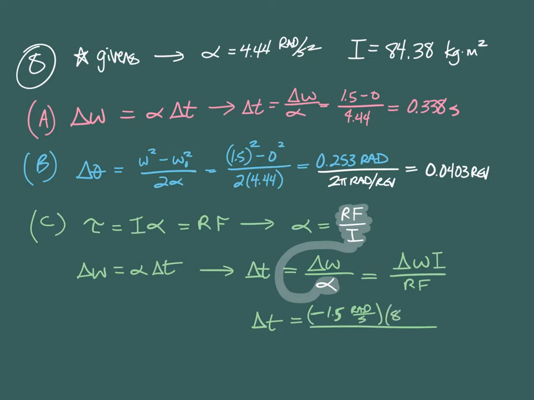The rotational inertia was the 84.38 kilogram meter squared. And then radius was at 1.35 meters. And this force, this stopping force, it didn't say negative in the problem, but it said it was a stopping force of 300 newtons. It means it's a negative 300 newtons. And so our delta T, you compute it all out, and you get about a third of a second.